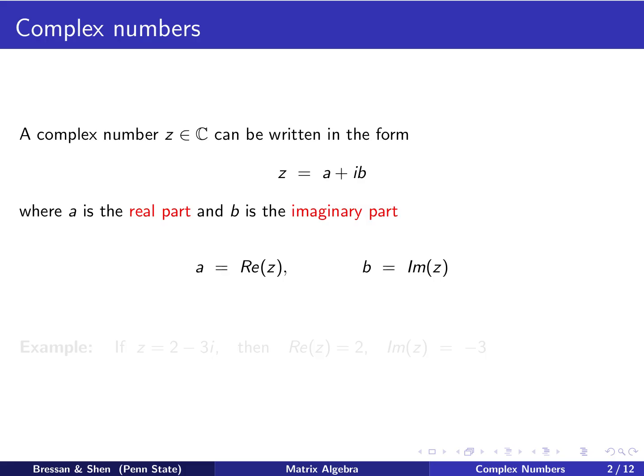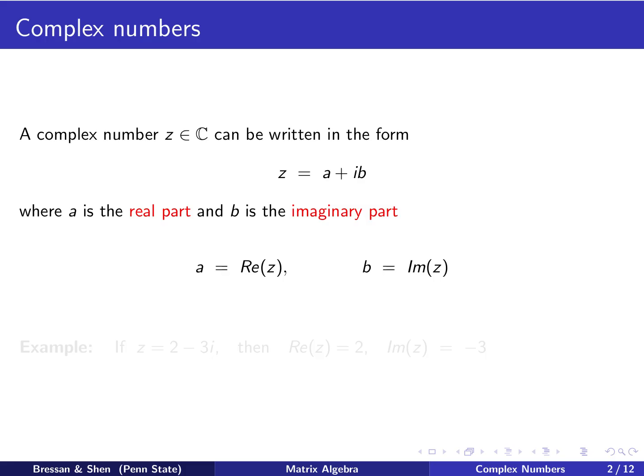So a complex number, let's use Z to denote it, and the set of complex numbers is this fancy C for complex. A number Z in C can be written in the following form: Z equals A plus iB. This i is the magic symbol to denote the so-called imaginary part.